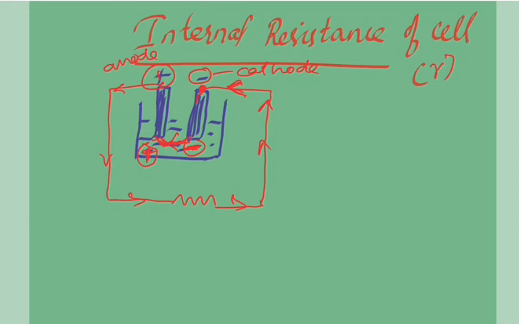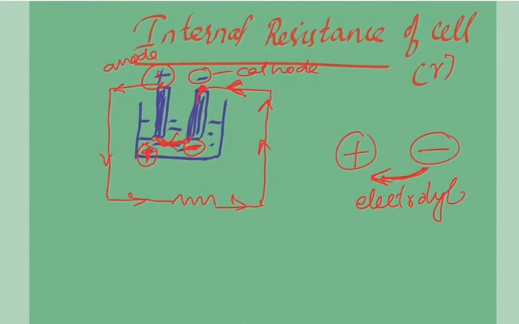So inside the cell, the current is flowing from cathode, that is negative, towards the positive. Inside the cell you have the electrolyte, isn't it?